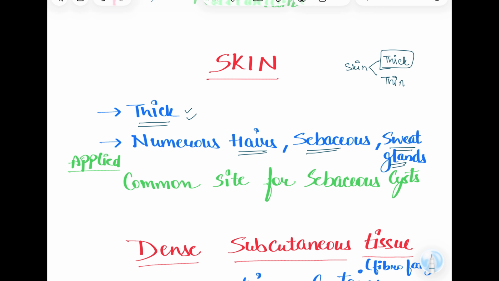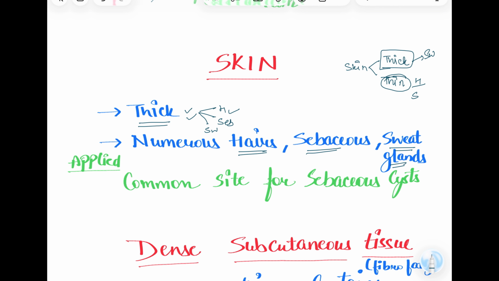But before that, you must be aware that it's the thin skin where hair and sebaceous glands are present, and in the thick skin you will find the sweat glands. But in the scalp, it is a thick layer where you will encounter all the three appendages, that is your hair, sebaceous and sweat glands, right?